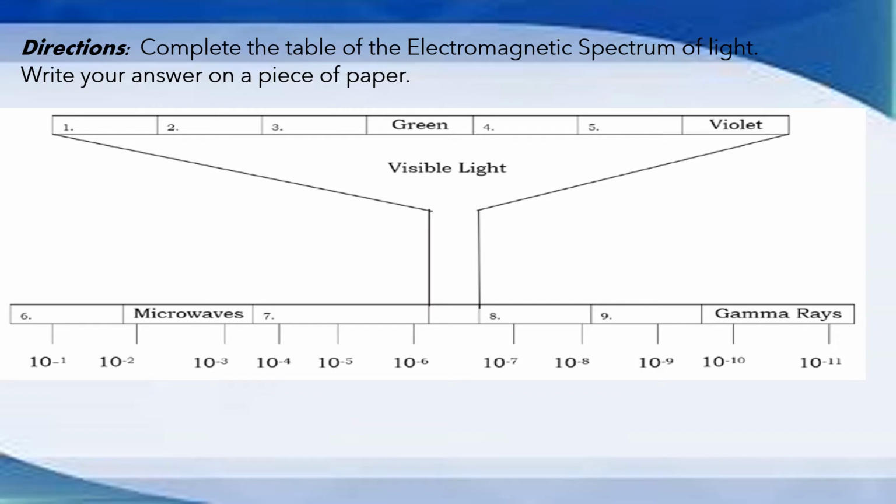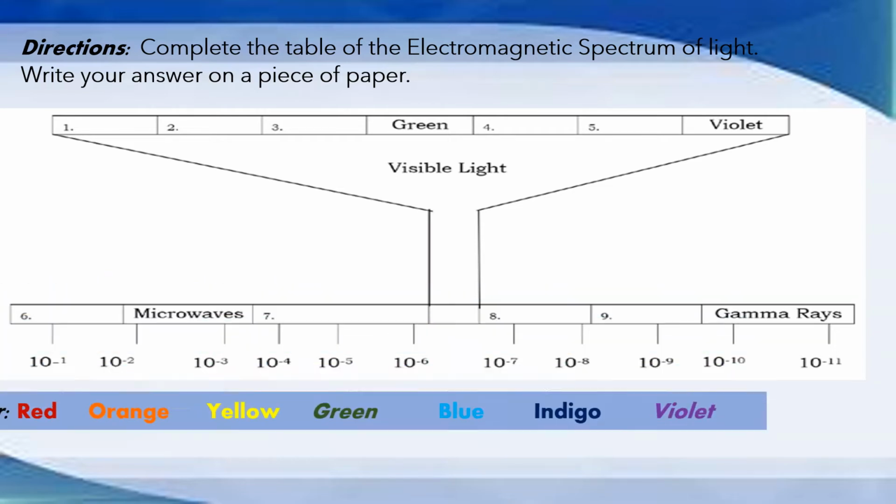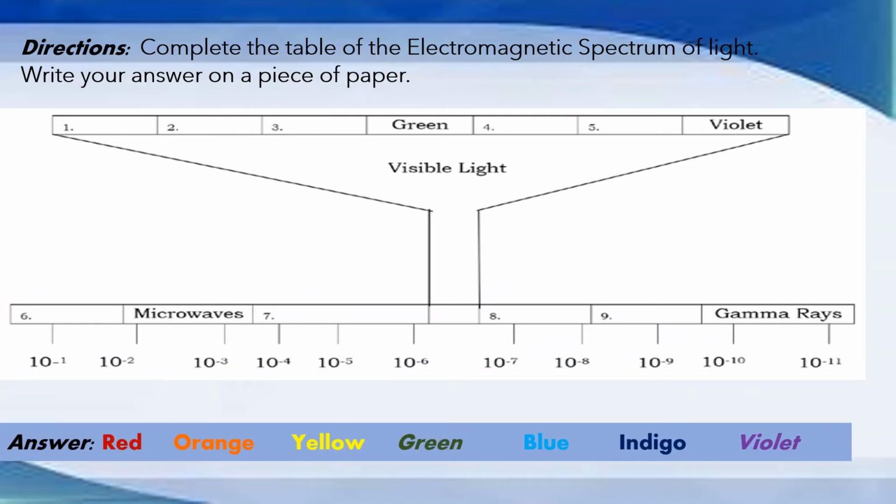Okay. So here it is. The answer for number one, you have the color red, orange, yellow, then the green is there. Then next is the blue, indigo, and the violet.